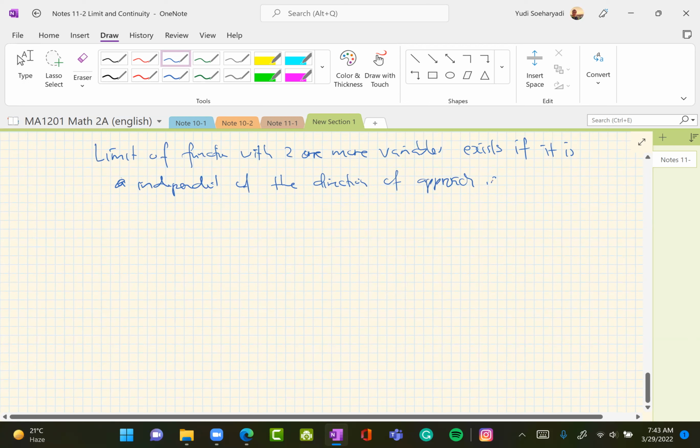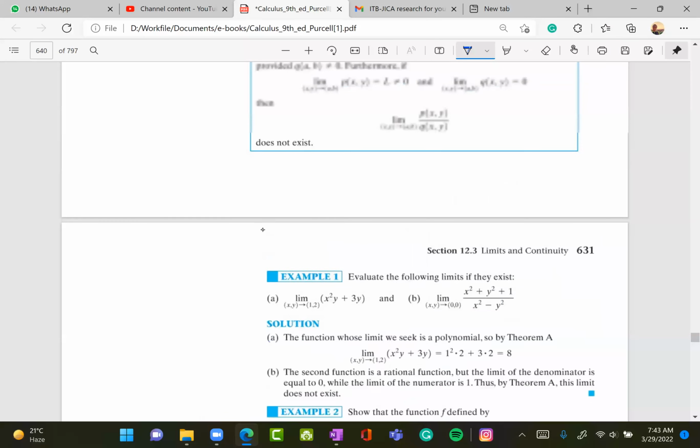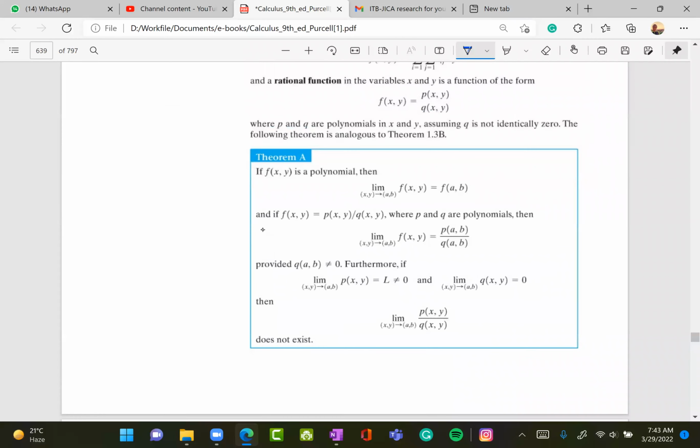All right, so let's just do some easy cases where the limit exists. We won't prove this, but we just use this one here.